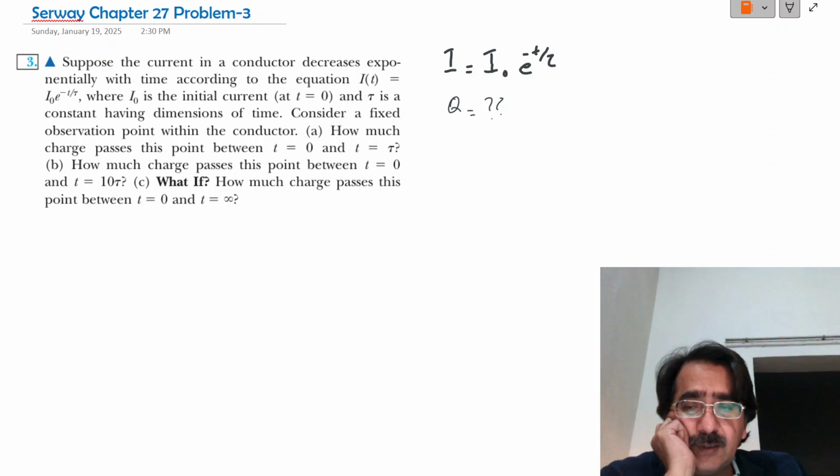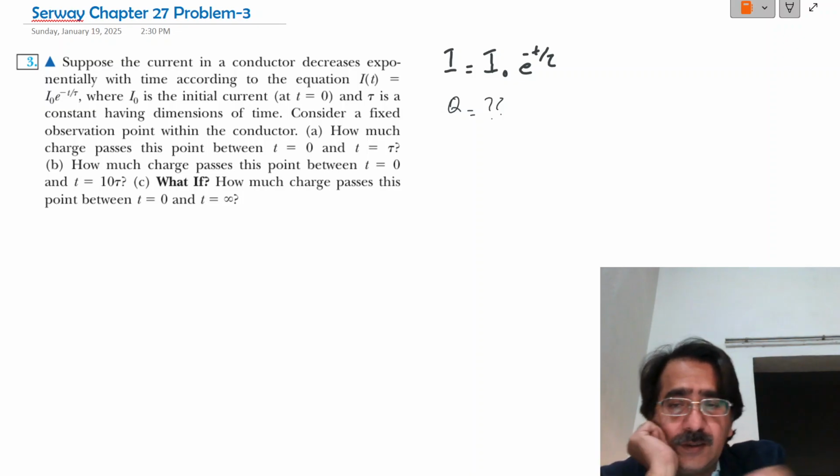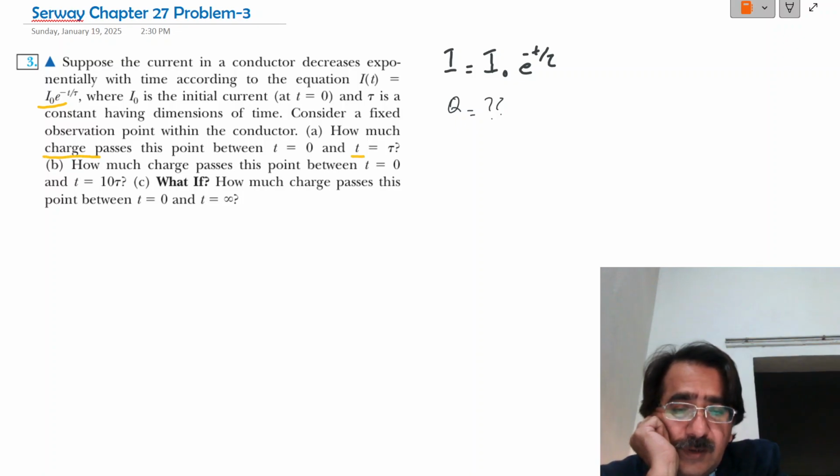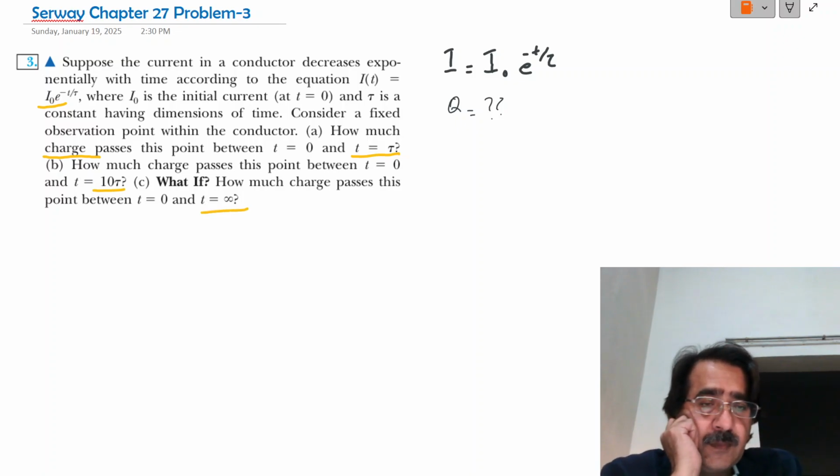Given the current expression, we have to find the expression for charge for time tau, for 10 tau, and for infinity.